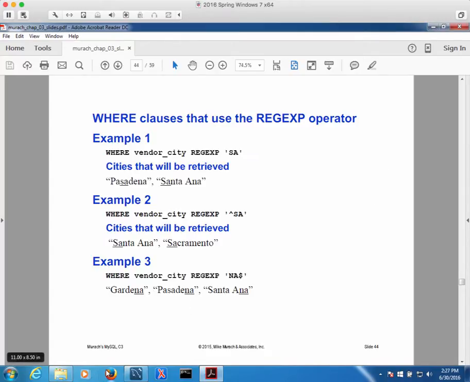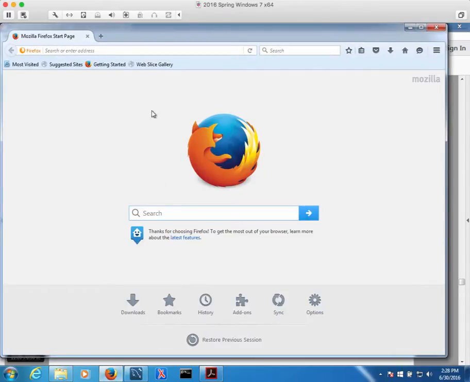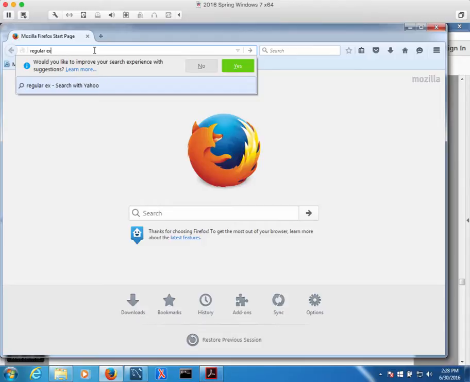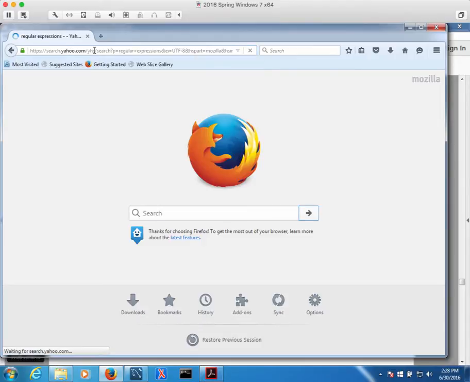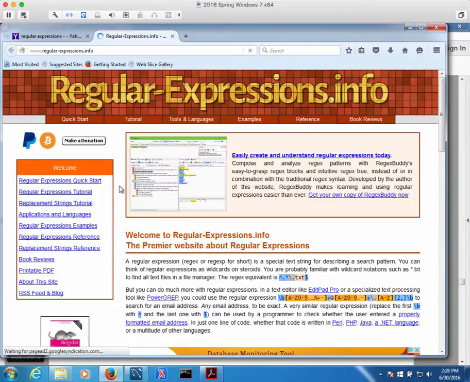And in terms of regular expressions, again, there's some good places to go. There's a cool website, regular-expressions.info is the one I'm thinking of. And here's a whole tutorial on regular expressions. Really cool stuff.